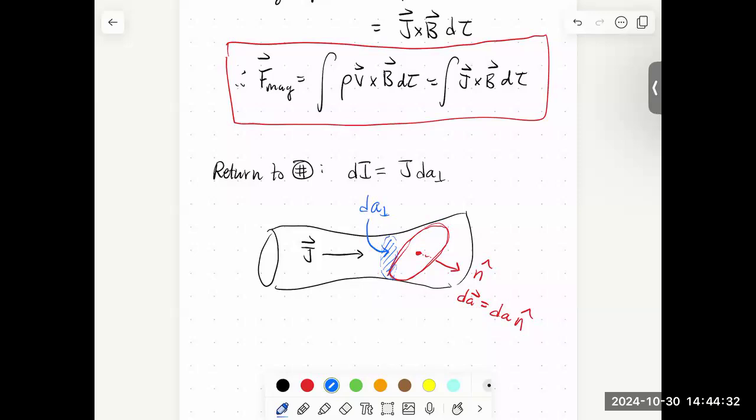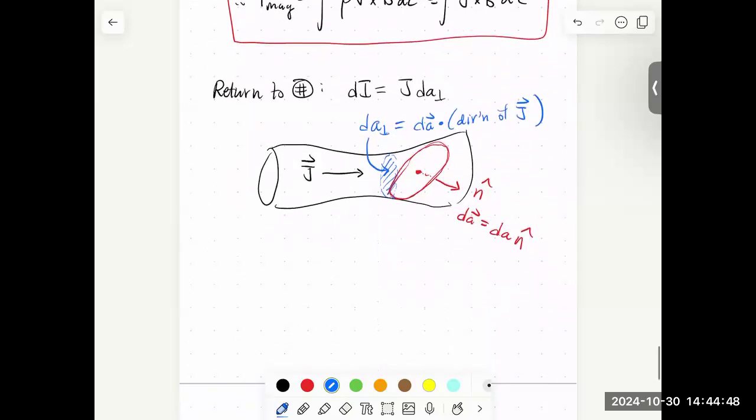This is just equal to dA dotted with the direction of J. Well, that means if we took J dot dA, that's going to be the same thing as J dA perpendicular.